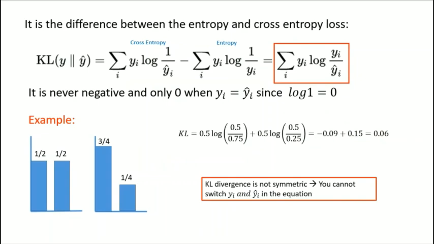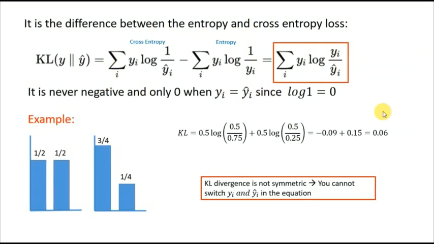If you apply the logarithm properties and rearrange the equation, you'll end up with this right here. Remember, log of a fraction equals log of the numerator minus log of the denominator, so you get this form back again. From now on, we're going to look at this equation in the red square. This is the KL divergence equation.